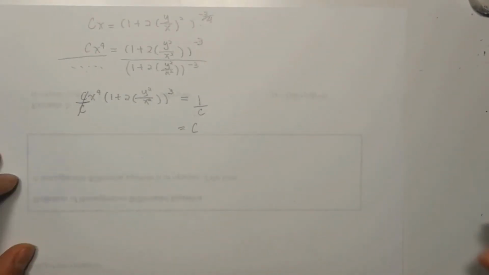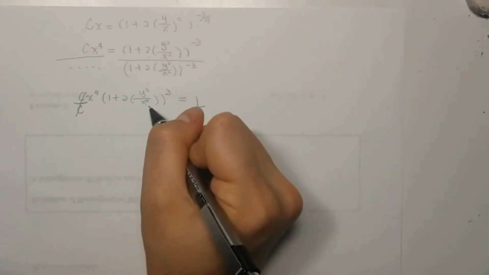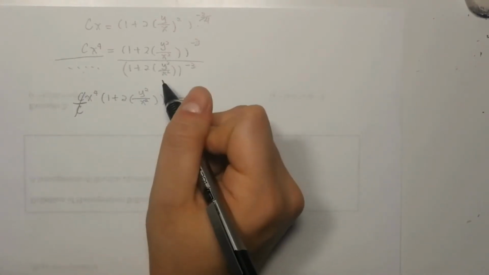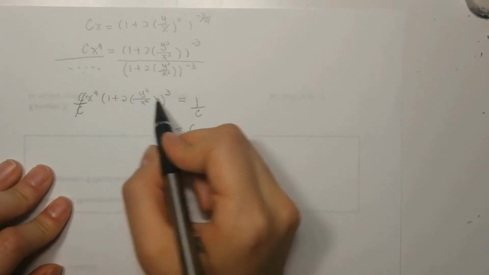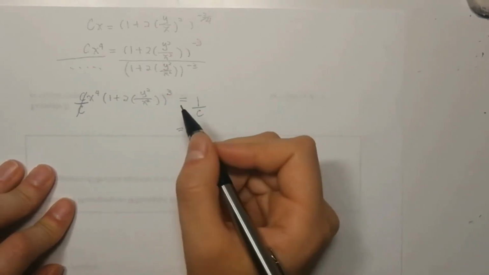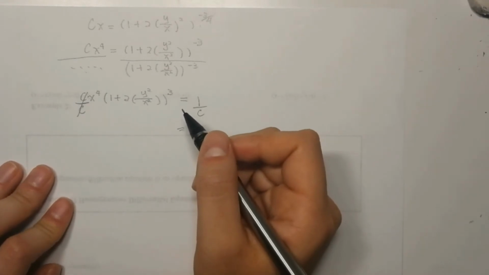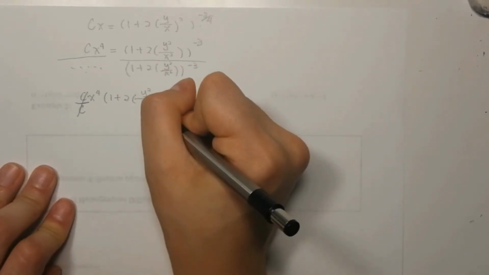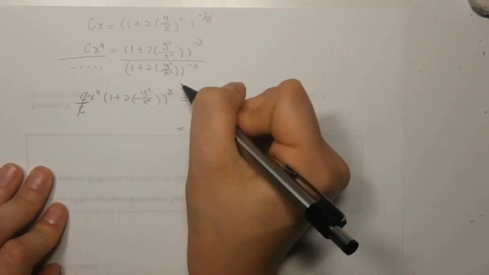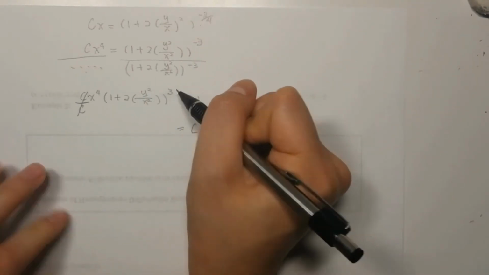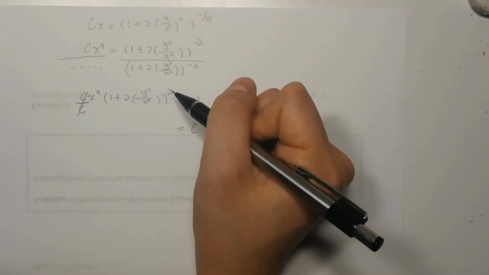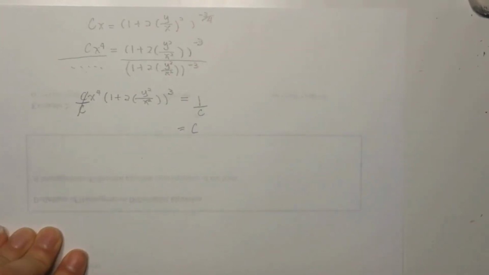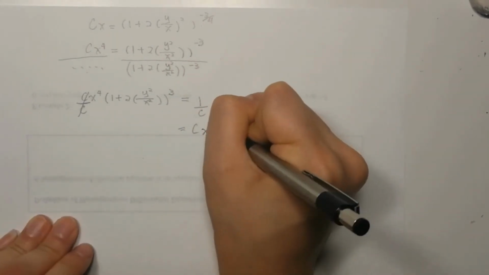Next up, in order to get rid of the x squared on the bottom, we'll have to multiply. We'll have to multiply this whole thing with x to the power of 6, because although it's only x to the power of 2 in here, it goes to the power of 3 again, so x to the power of 2 to the power of 3 is x to the power of 6.